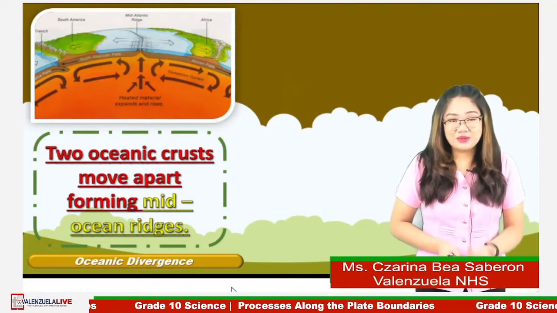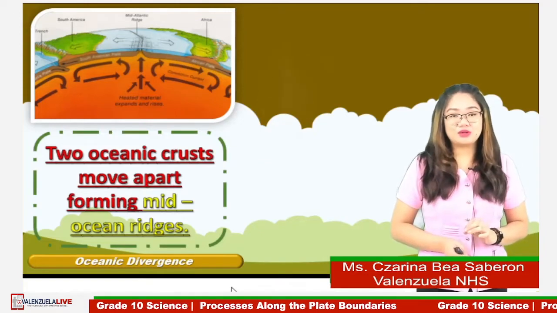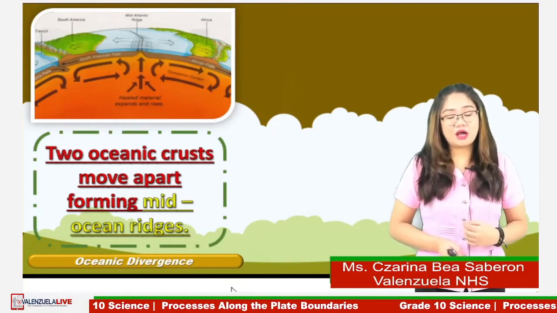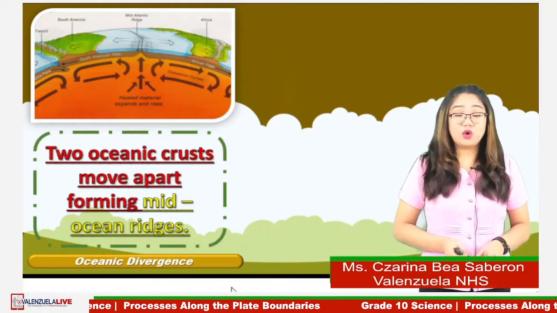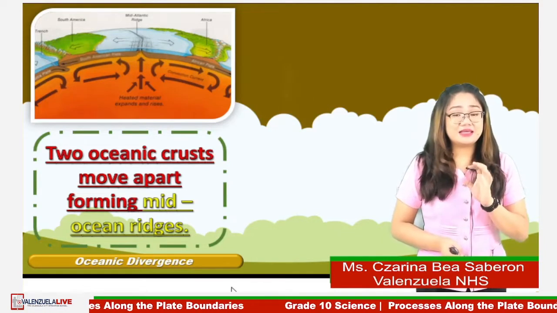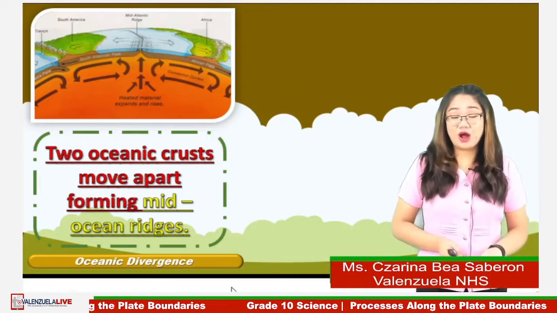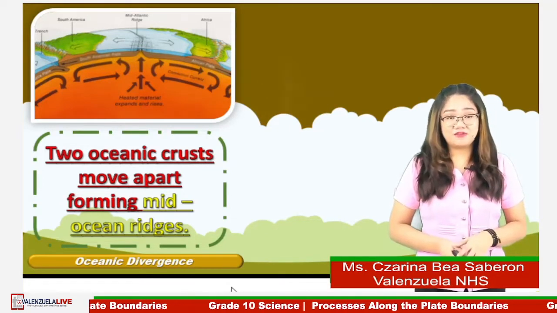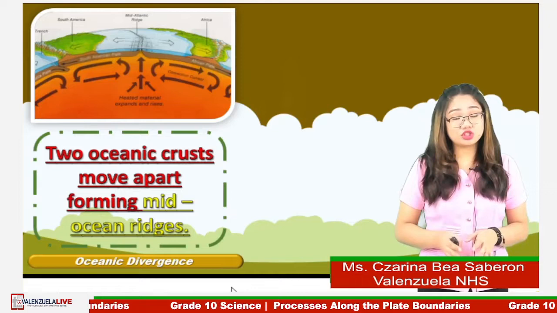Okay? And that gap would be filled by magma. And as it goes up underwater, it will form underwater or submarine volcanoes. Now, as the underwater volcanoes erupt, the magma will solidify and form new ocean floor.